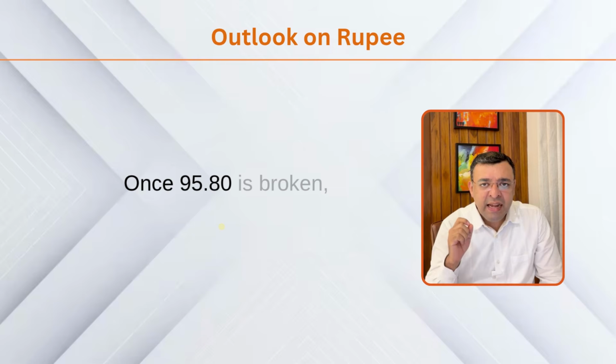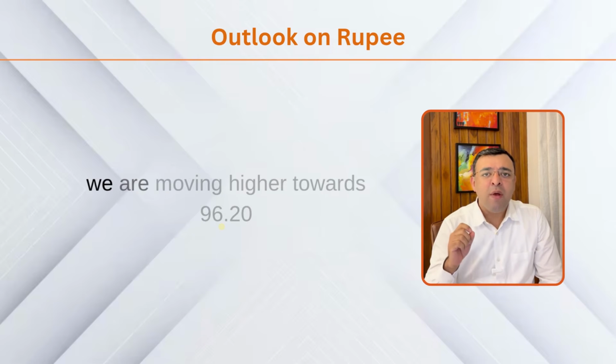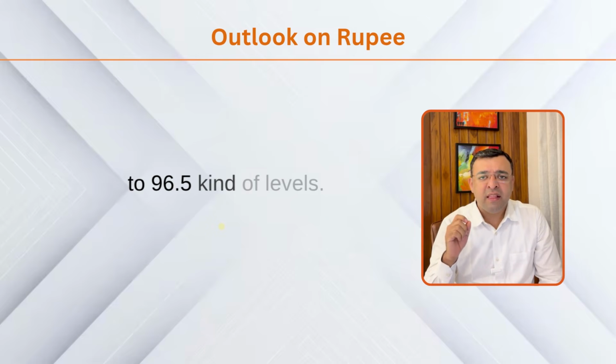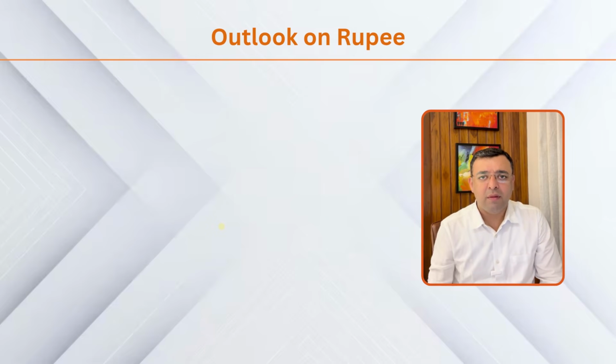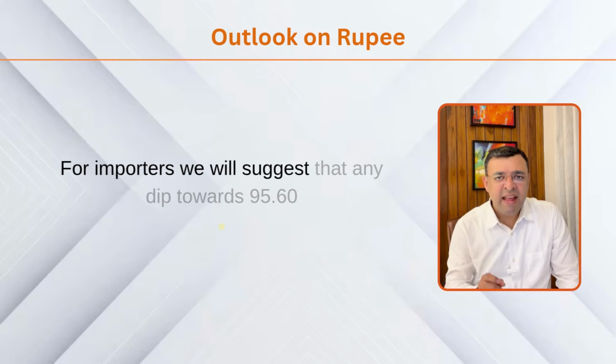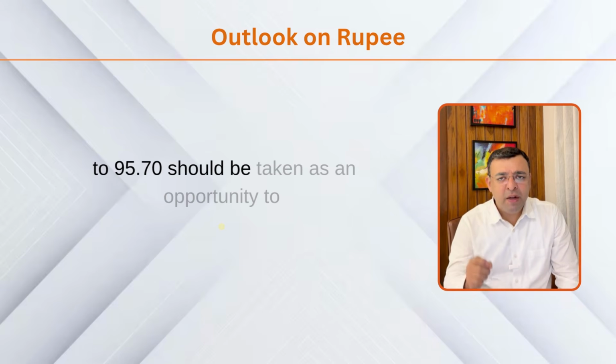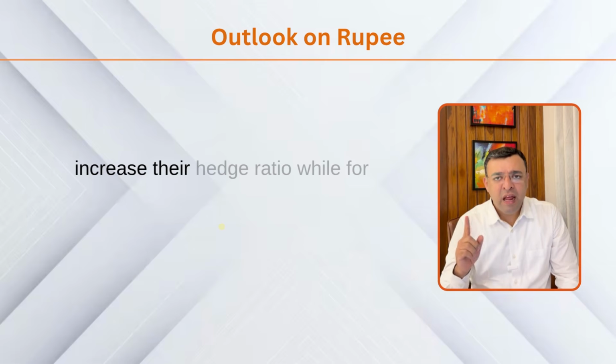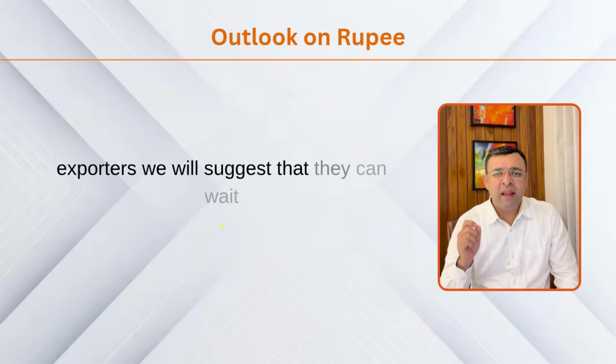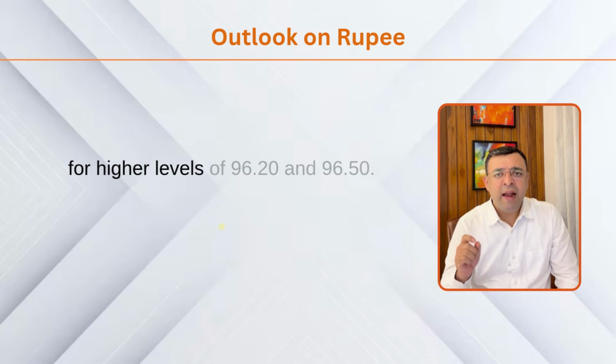Once 95.80 is broken, we are moving higher towards 96.20 to 96.50 kind of levels. For importers, we suggest that any dip towards 95.60 to 95.70 should be taken as an opportunity to increase their hedge ratio, while for exporters, we suggest they can wait for higher levels of 96.20 and 96.50.